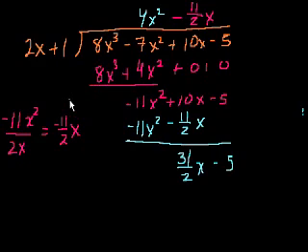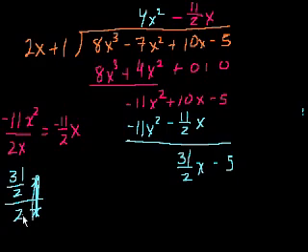And now we say, how many times does 2x go into 31 halves x? Let's do a little work on the side here. If I have 31 over 2x divided by 2x, the x's will just cancel out, right? And so this is equal to 31 over 4. This is the same thing as 31 over 2 times 1/2, so it's 31 over 4.